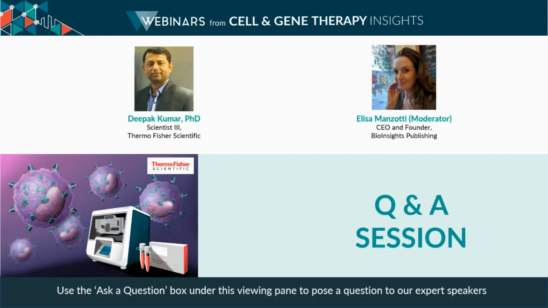Another question from the audience: at what day post-activation, post-seeding, do you electroporate or transduce with AAV the NK cells? Okay, thank you. We did not activate; we isolated the NK cells and cultured them for 6 days. And on day 6, we start editing the NK cells.